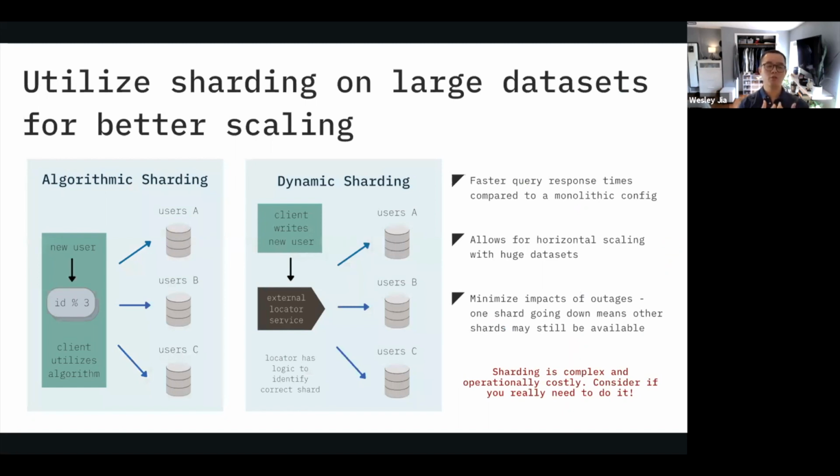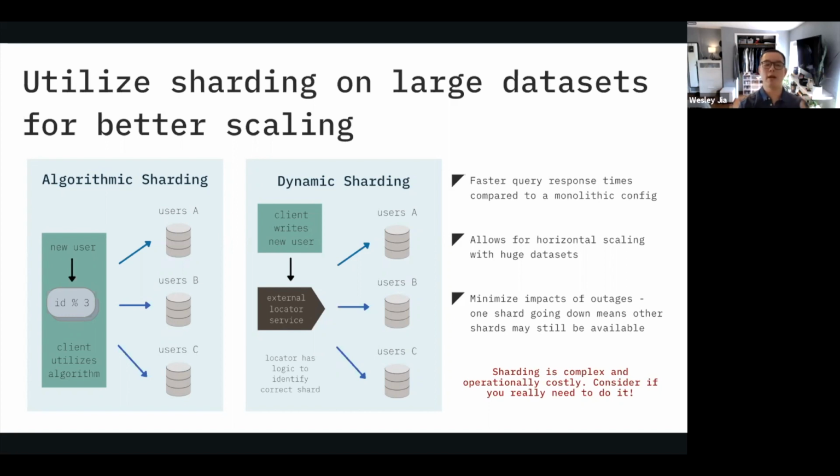So what we want to use sharding for is to apply it to large data sets, specifically for better scaling. There are multiple sharding techniques that exist out there. We're just going to cover two to help illustrate the example. On the left-hand side, we have algorithmic sharding, which is about a client managing, implementing, and utilizing an algorithm on their own side. And of course, in this case, the client can refer to a server that is making requests against the database.